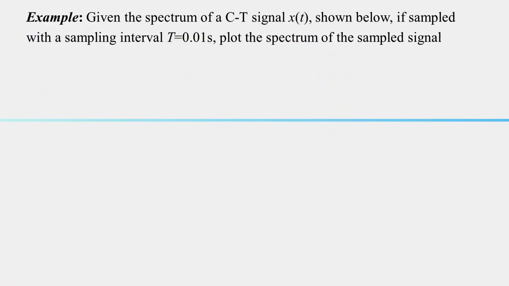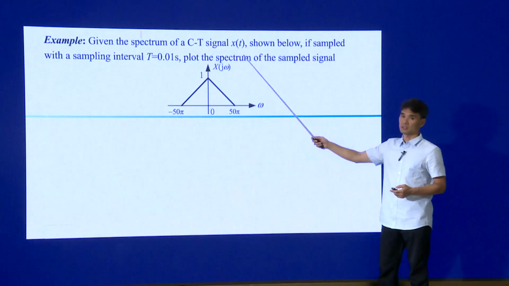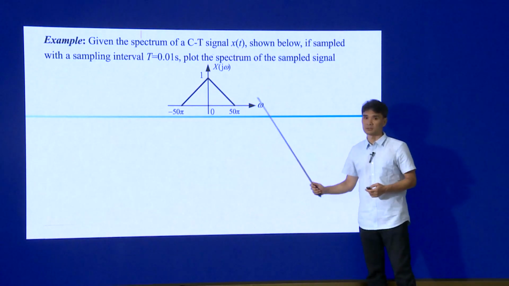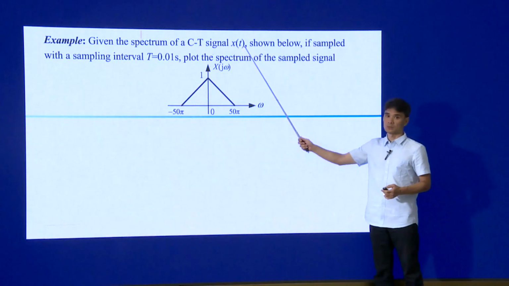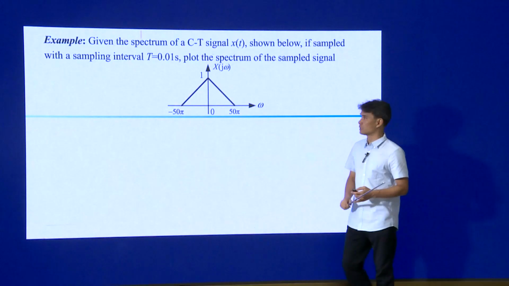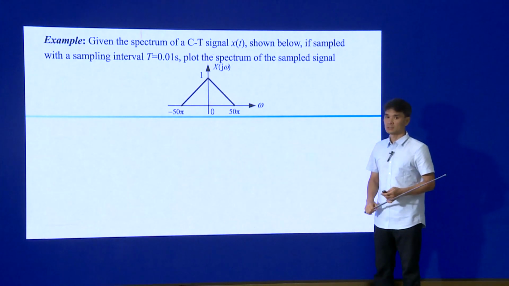Let's use an example to explain what spectrum periodization is. So we have a continuous time signal x of t, and this is the spectrum. What if we sample the signal using an interval T equal to 0.01?